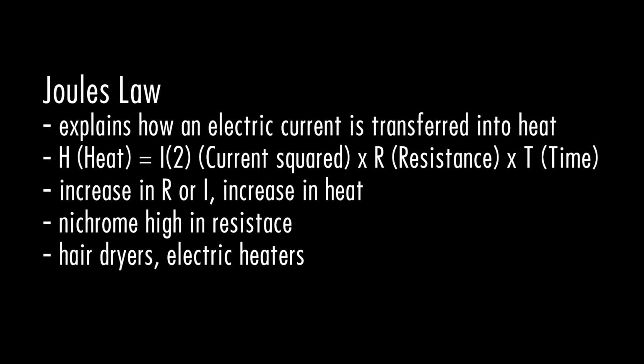Finally, before our last example is Joule's law. Really, Joule's law describes how heat is produced from an electric current as it meets resistance. If you have a material that's low in conductivity, like nichrome, which we're going to show, you're going to have an increase in heat.